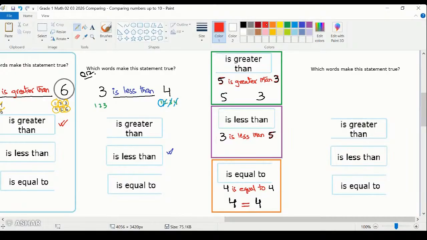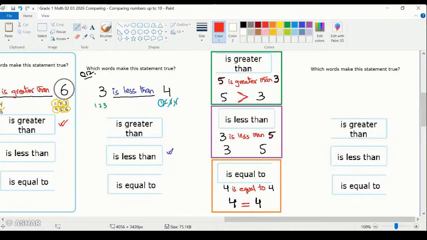So what we say is, if we use this sign over here, we read this as open mouth. The open mouth, 5 is greater than 3. The open mouth would always be towards the bigger value. Okay? But if we say 3 and 5, agreed? So in the next example, where would it face? 3 is written before and 5 is written after, right?